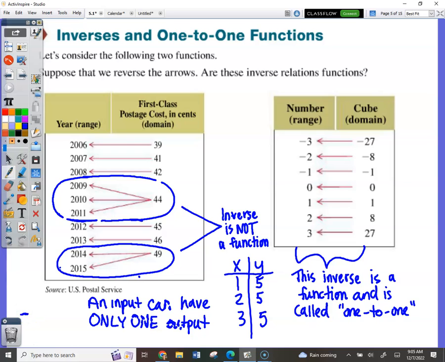The concept is, here, this would be meaning no matter what x is, y is 5. So this is actually that horizontal line, which is still a function. Now I'm showing this to you because I need you to understand that if it's 1 to 1, it means that none of the outputs get repeated.